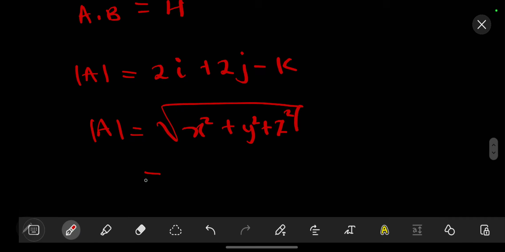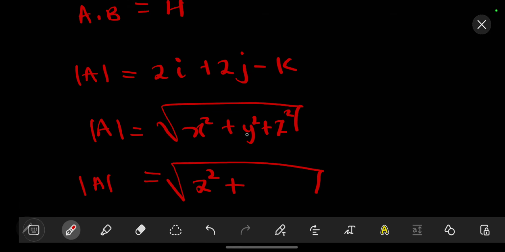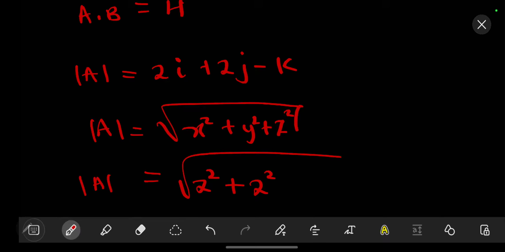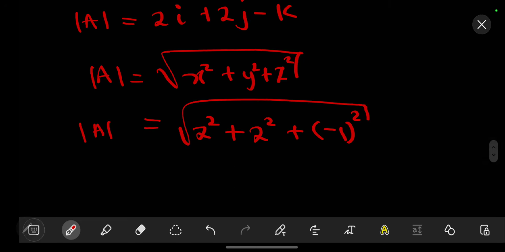So the magnitude of A should be equal to the square root of 2 squared, since x is 2, plus y, which is 2 squared, plus our z component, which is -1, squared.